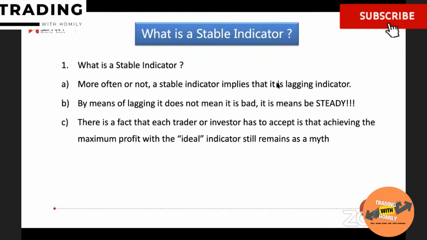There is a fact that each trader or investor has to accept: achieving the maximum profit with the ideal indicator still remains a myth. There's no ideal indicator that helps you maximize profit. The reason is that every asset is unique on its own.